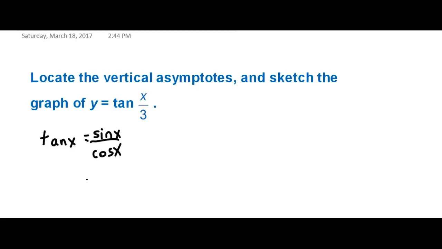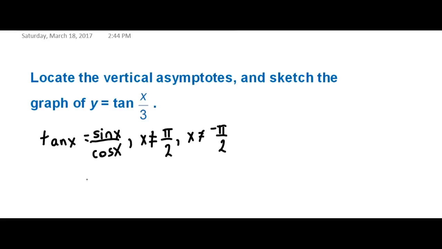Those are the two locations where the unit circle will be all vertical and not horizontal. So that makes cosine of x 0 and tangent of x would be undefined. So those two points are x equals pi over 2 and x equals 3 pi over 2, or we can also say negative pi over 2 for simplicity.